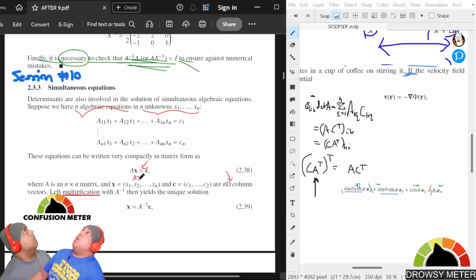So if we multiply A minus 1 on both sides, on the left, that leaves us with X equals A inverse C. So x1, x2, up to xn equals the inverse matrix times the solution vector C1, C2, up to Cn.